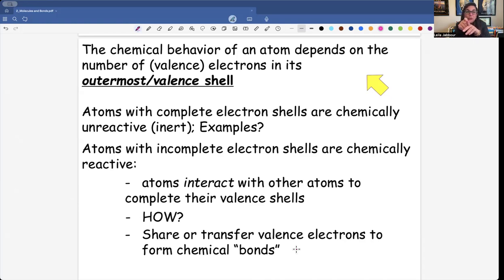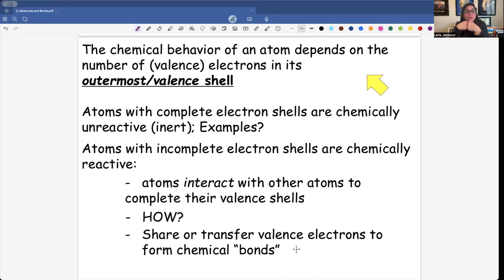I want you to go look into your previous lecture, when I introduced the periodic table, I showed you those gases all the way to the right, and those have full valence shells. Whatever the last shell is for each one of them, it's full. So they're very, very stable gases.